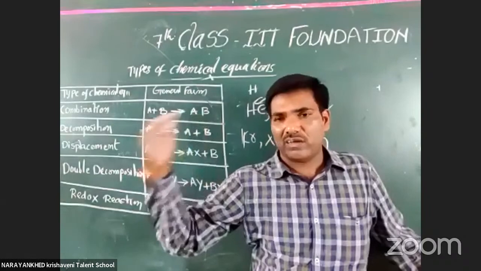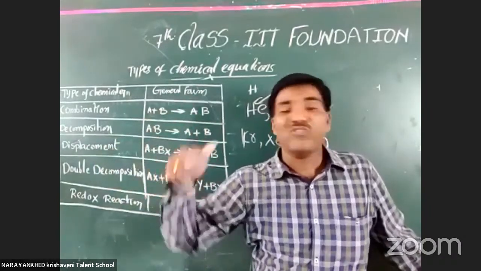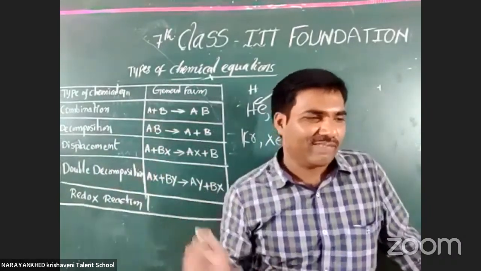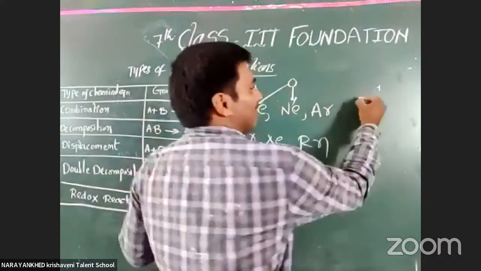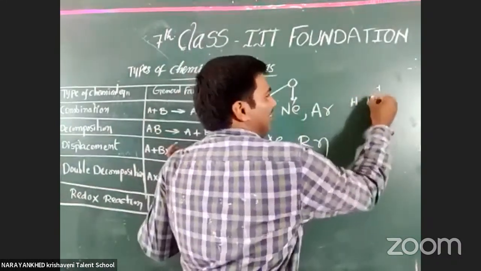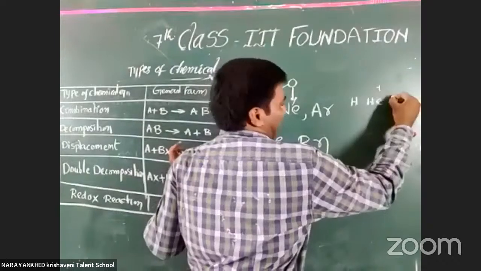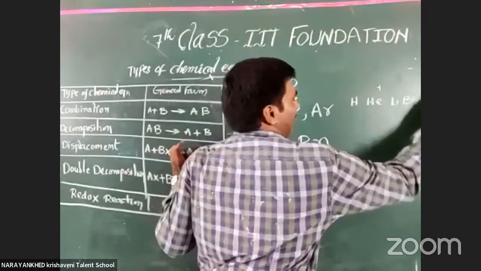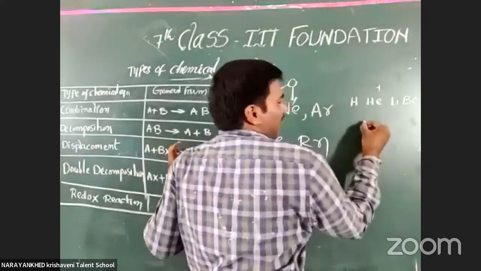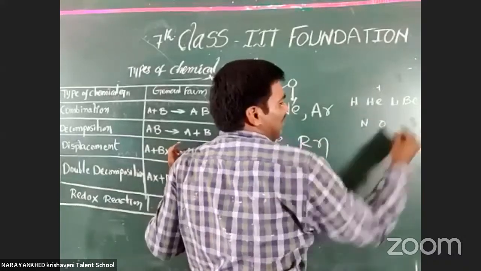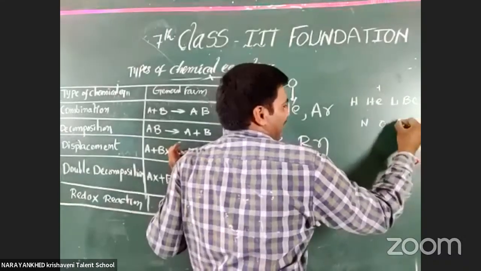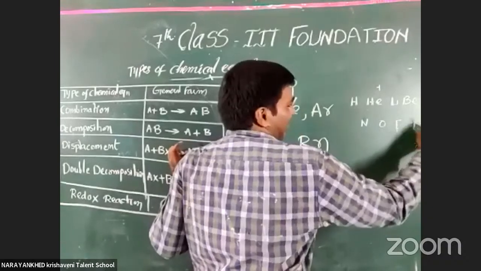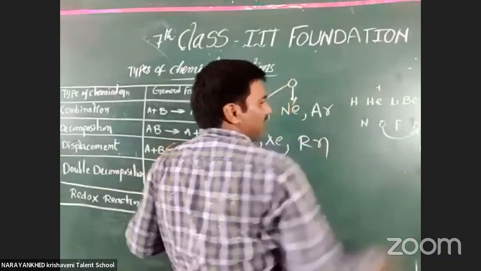What is the helium atomic number? 2. Which one is near for oxygen? Hydrogen, helium, lithium, beryllium, boron, carbon, nitrogen, oxygen, fluorine and neon. Oxygen is near to what?